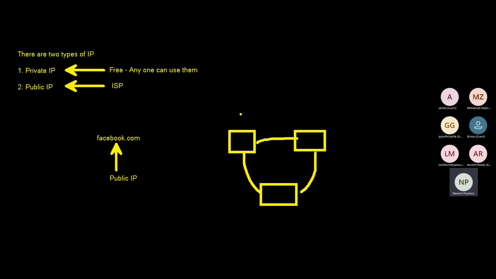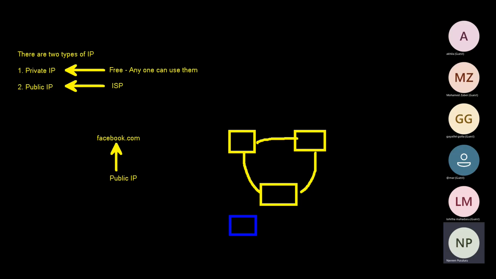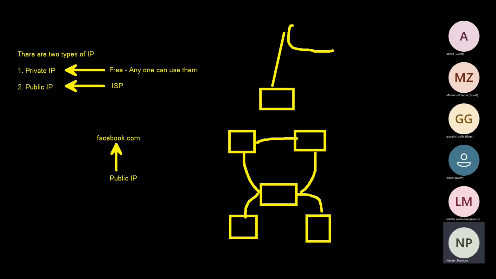Does that mean all of them have public IPs? No. Normally, they create a small private network using private IPs, and only one system connects directly to the internet through a public IP.